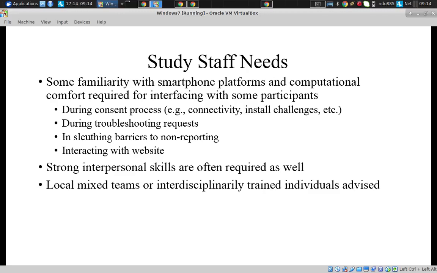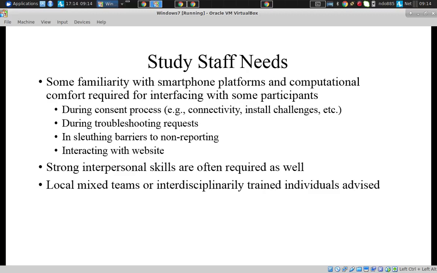Mohammed, I'm interested in your comments on this, but with the DFCI study, we've had some very, very good study oversight by people who initially didn't have great familiarity with smartphone platforms and the ease of using smartphones, but acquired it in the course of the study, it seems to me. I'm thinking of a couple of people. It seemed that they did an okay job in the end.